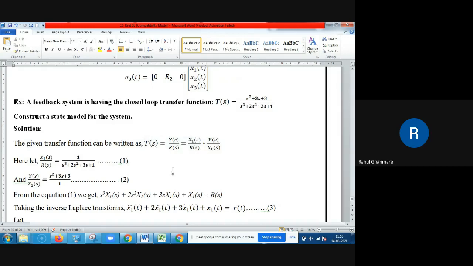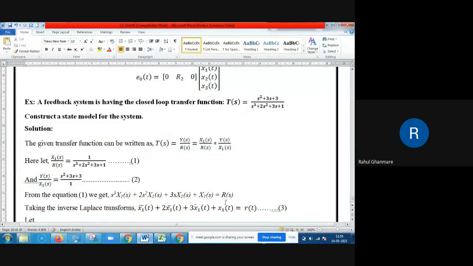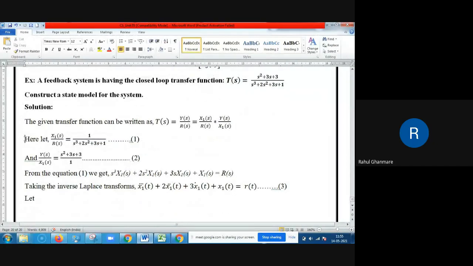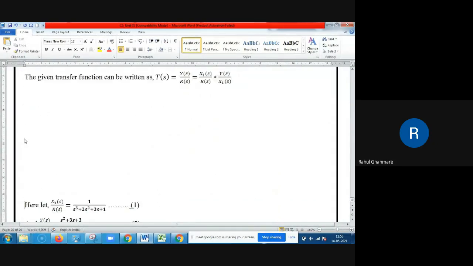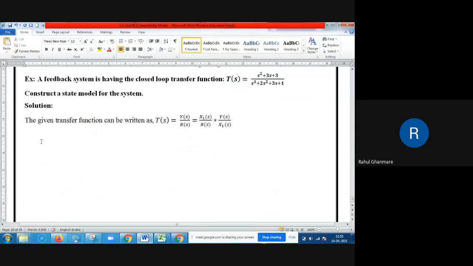So how do we construct it? For construction, we can split this transfer function. What is a transfer function? It is Y of S by R of S, or C of S by R of S, so output by input.